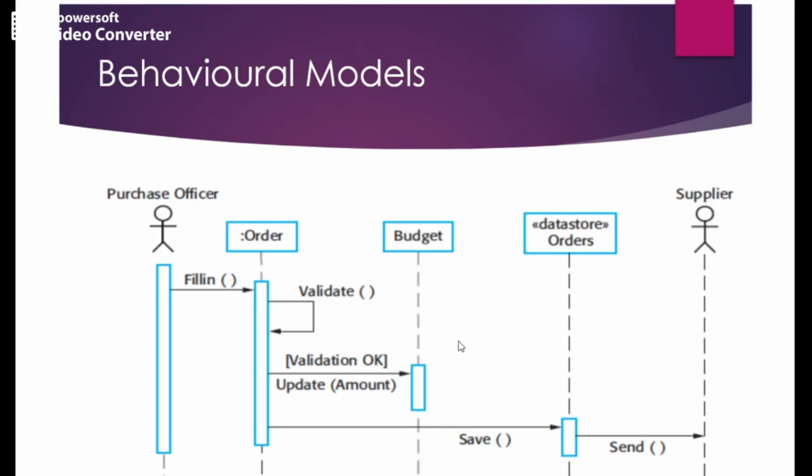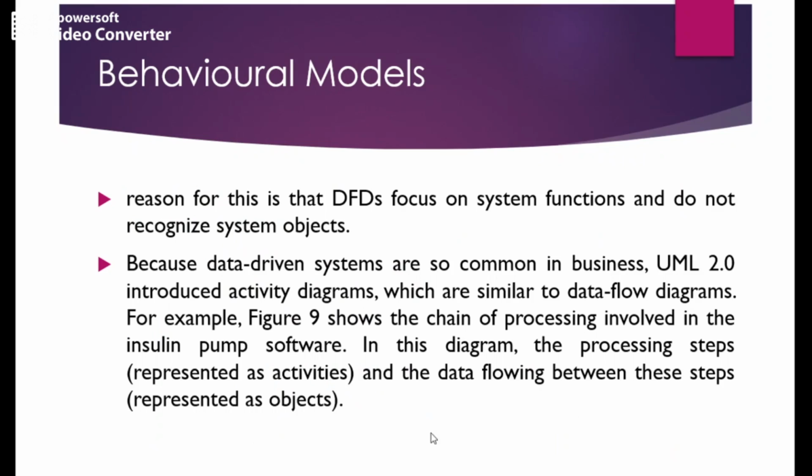Here, figure 9 shows the chain of processing involved in the insulin pump software. In this diagram, the processing steps are represented as activities and the data flowing between these steps is represented as objects.